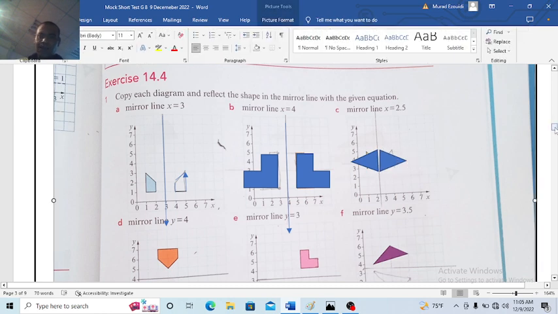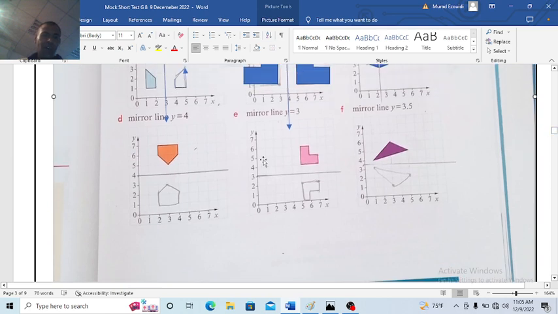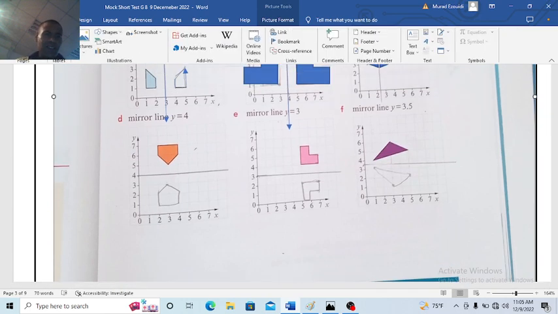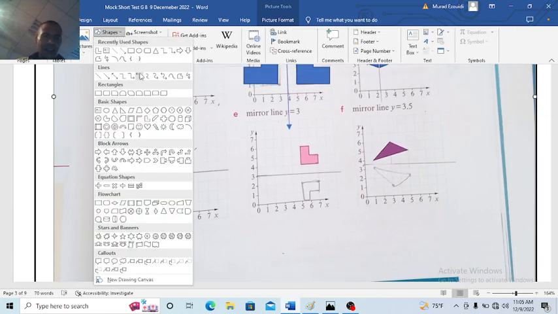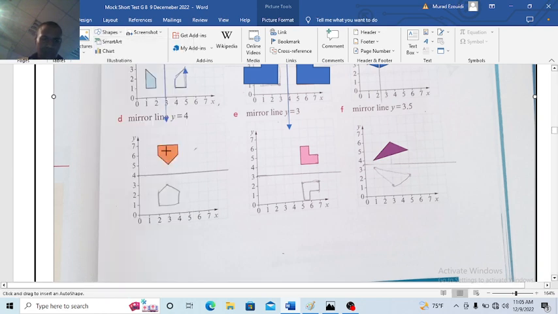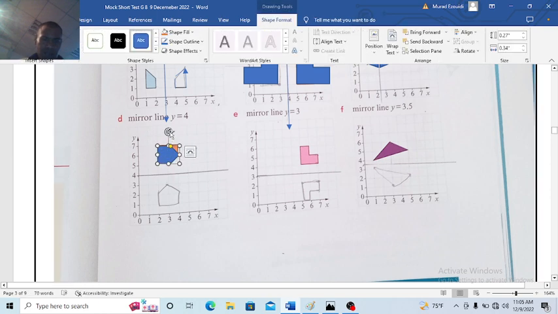Okay, the next example. If we suppose we have a shape like that, approximately. I will make it here, then I will rotate it to get the same shape. Okay, approximately we got the same shape. I will rotate it.